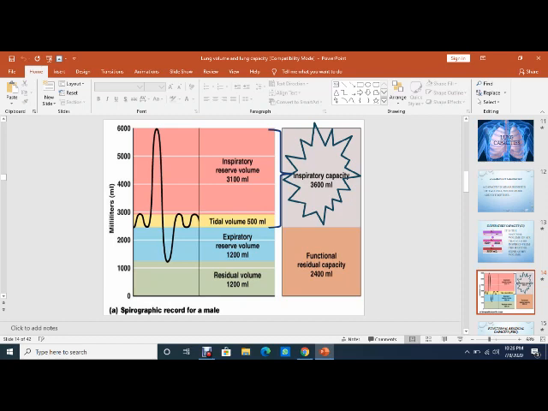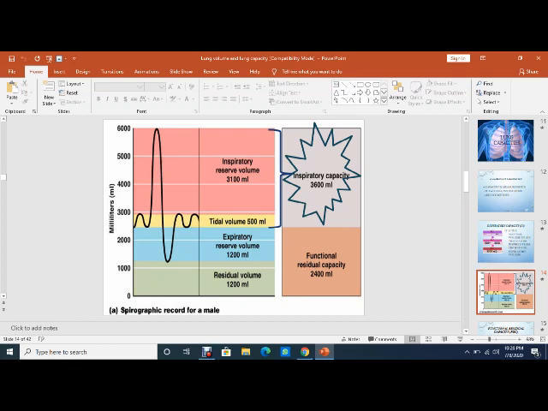This diagram shows a spirographic record for a male. Inspiratory capacity, functional residual capacity, inspiratory reserve volume, tidal volume, all the volumes are mentioned in this diagram.